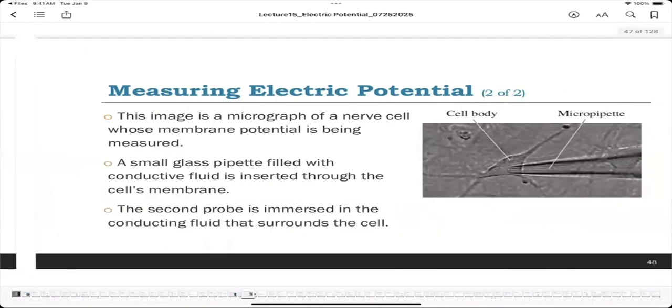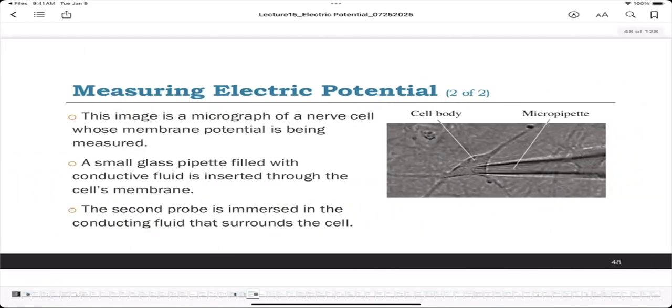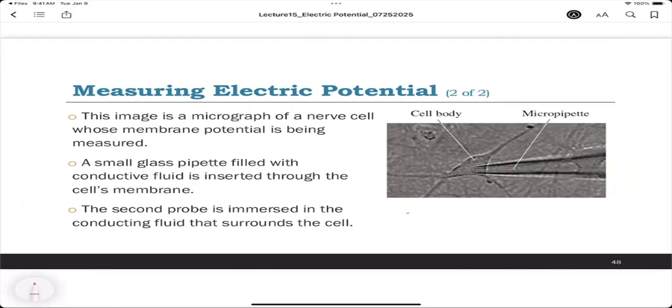And this image is a micrograph of a nerve cell whose membrane potential is being measured.